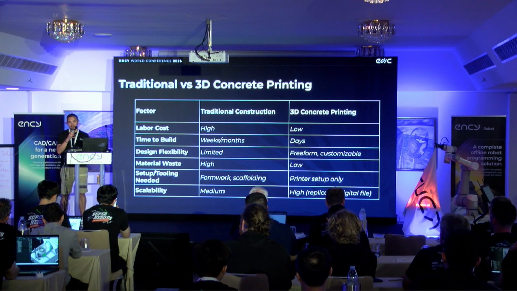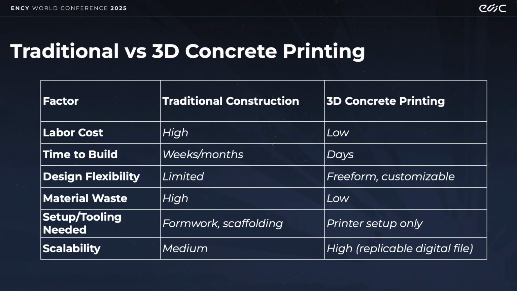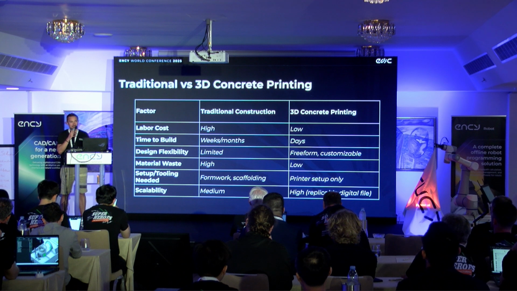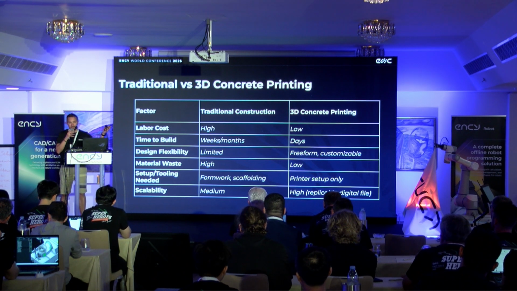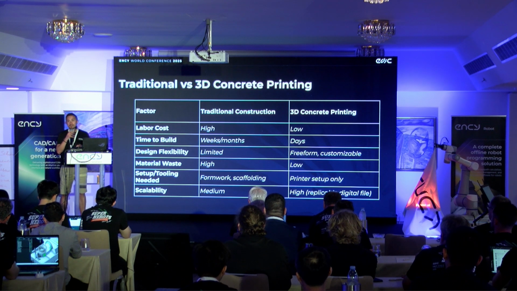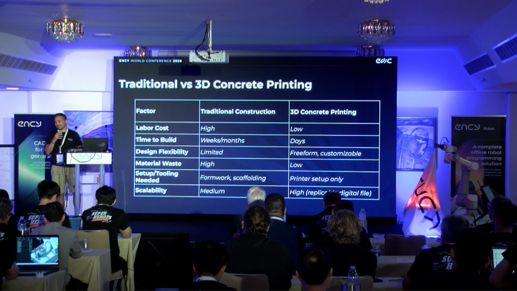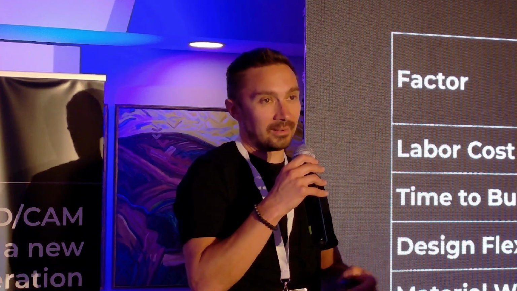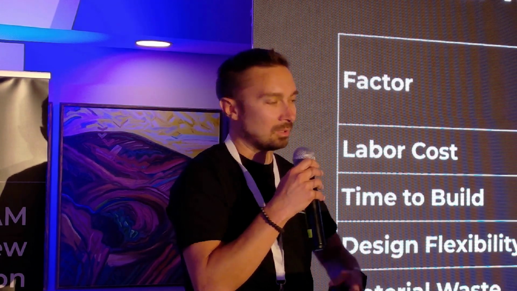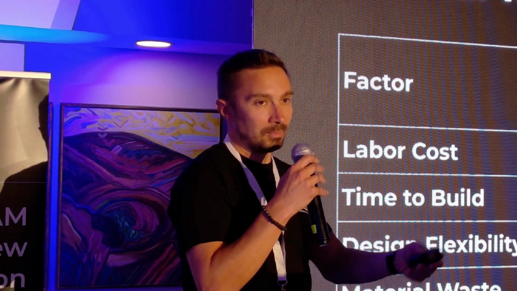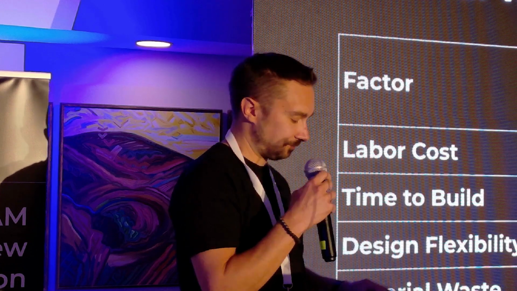Less waste of material. For printing we need just a robot cell with an appropriate pump, and then we can start. And we also have good scalability, because we can reproduce it many times with the same process and robot speeds, and we can produce many pieces of the same part.